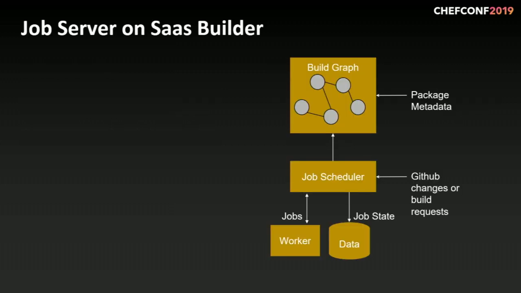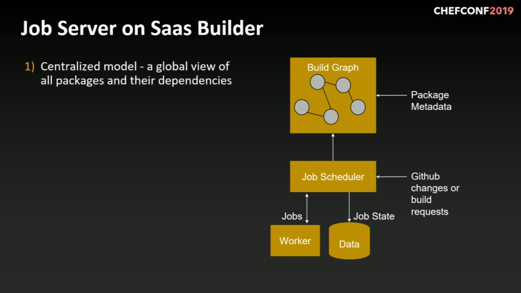One other thing I wanted to talk about before I talk more about that part is the job server capability, because that's not something that's in on-premise. So how does that work? On the SaaS side we have this centralized model where every package in the system is connected together with its dependency chain, right? So we've got the overall build graph.